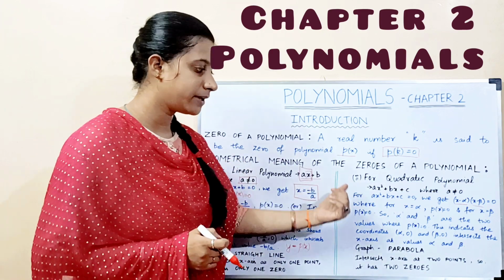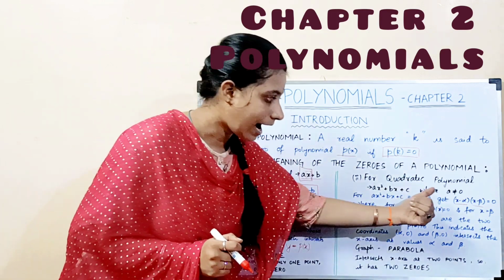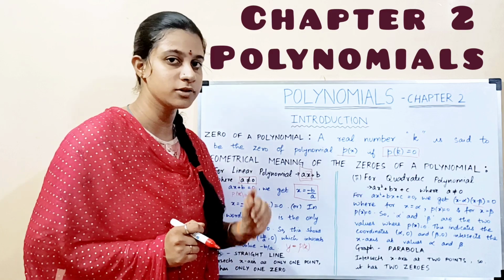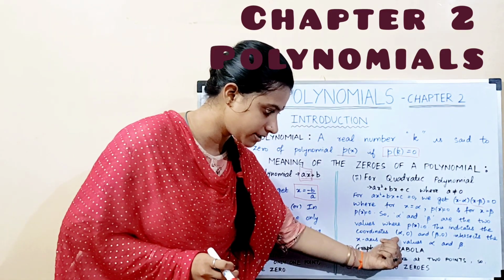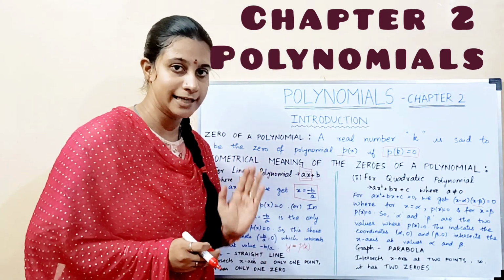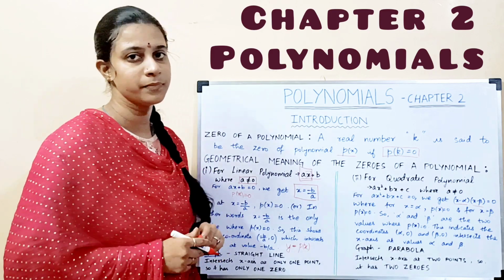So we said that p of x is y, and if it becomes 0, then at x equal to alpha and x equal to beta, both the values, the y value is 0. So we get the coordinates alpha comma 0 and beta comma 0, which are the coordinates that intersect at x-axis at the values alpha and beta.